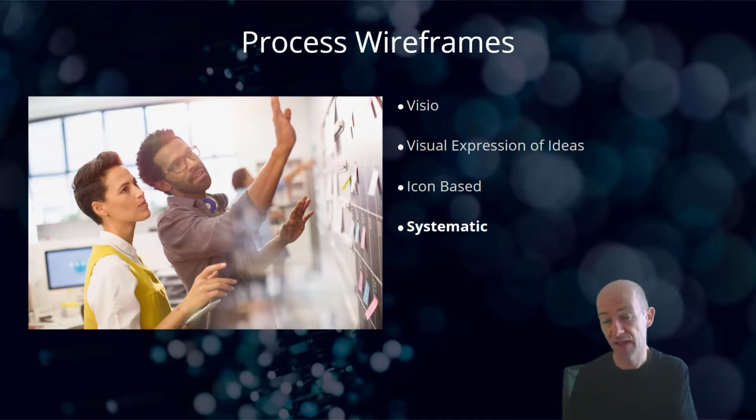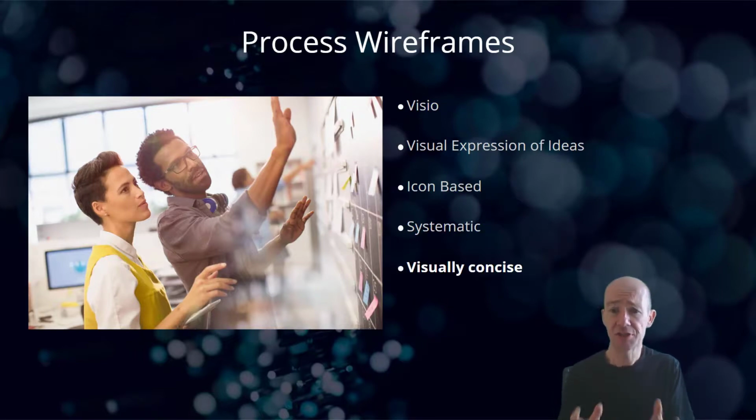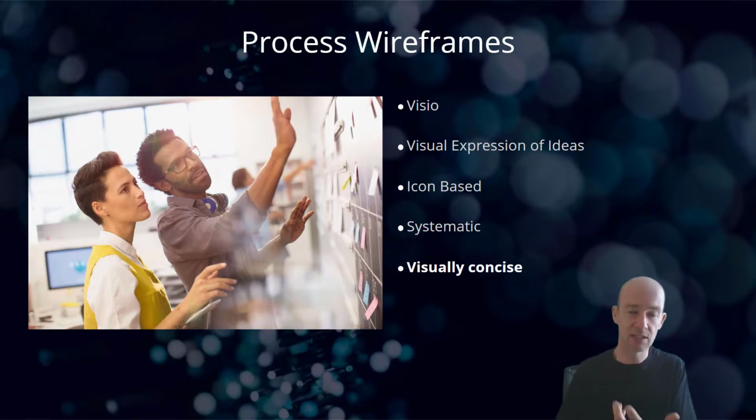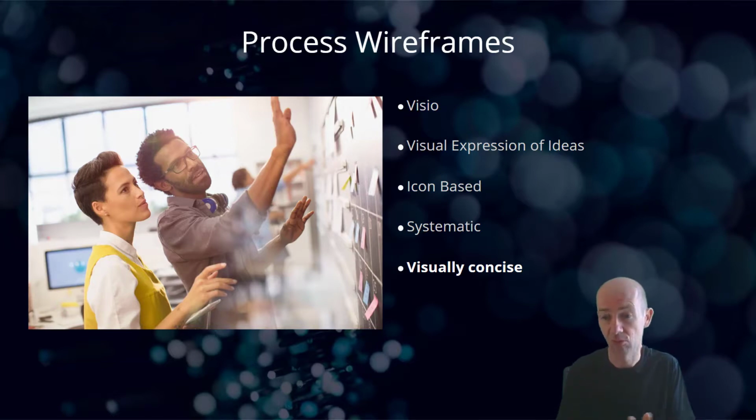It's the fact it's systematic that allows us to think in this particular way. As you can see, it's visually concise. We can get that onto a single pane of glass, and I think that's really important as far as expressing our ideas around process, because expressing ideas around process isn't easy, and you certainly can't get away with just having meetings with large groups of people and saying, oh well, this is the process, because you can all be in a room and have a different idea about what that process is.